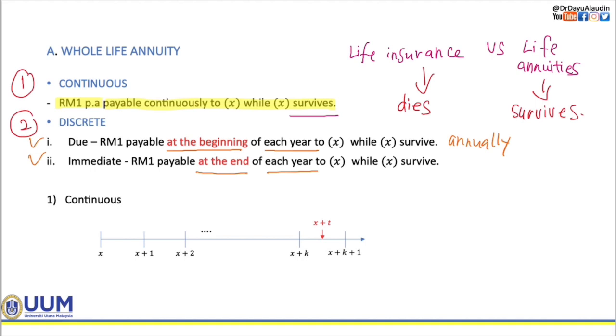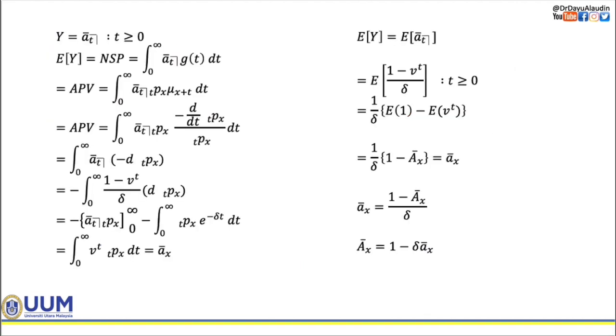So we look at the first one, the continuous type. When we draw the timeline, X plus T is the age of death or time of death. The payment will be made until the individual dies. We look at how we derive the NSP. Y is the present value random variable.